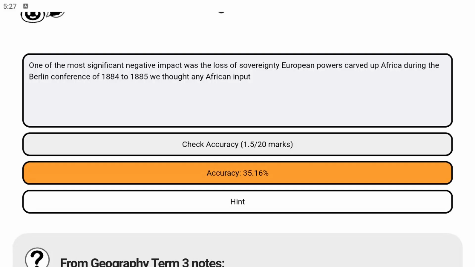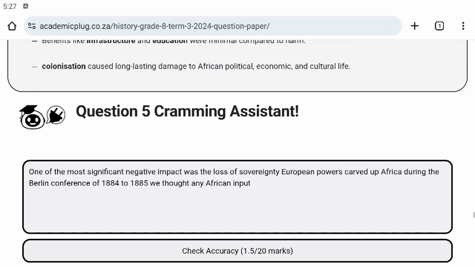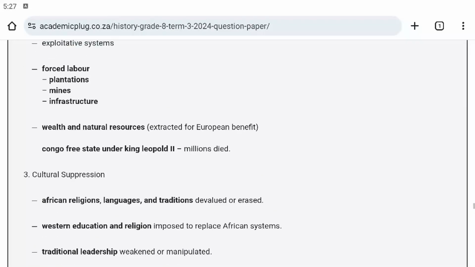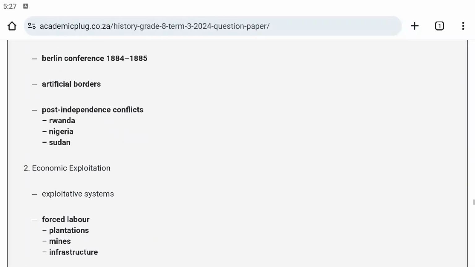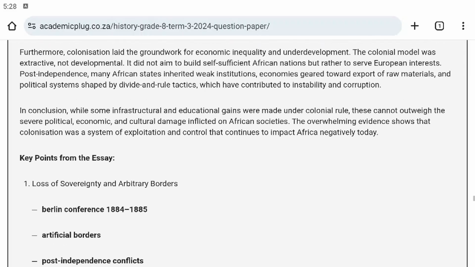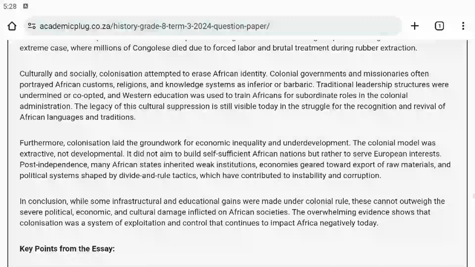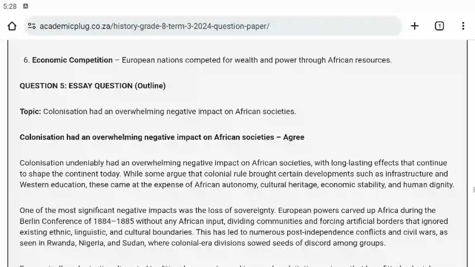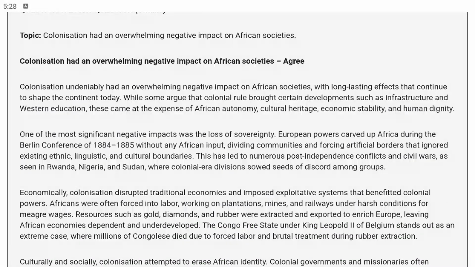The accuracy is basically going to be 100 when you have included all the keywords that are going to be marked in your essay, right? Because that is what the actual teacher or marker is looking for, keywords. It's just that the rest has to be supportive. It has to make sense in order for the keywords to be correct in that manner, right?